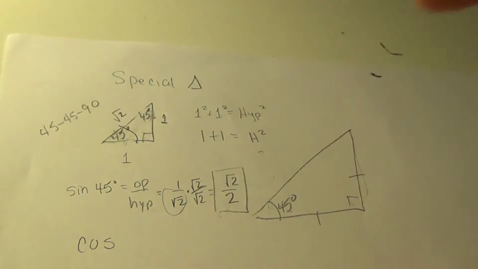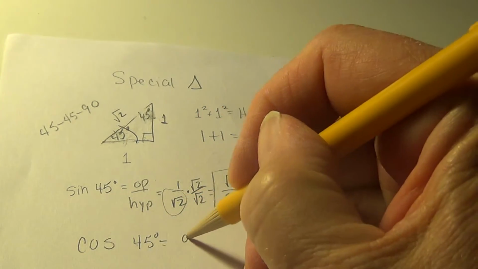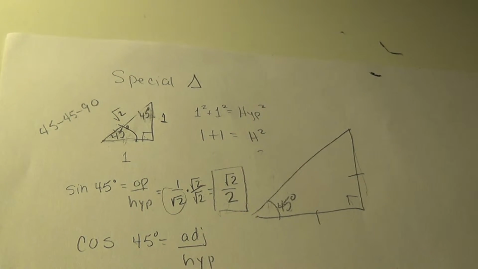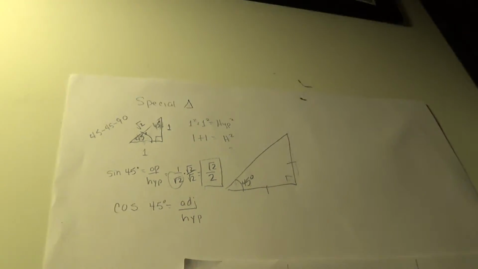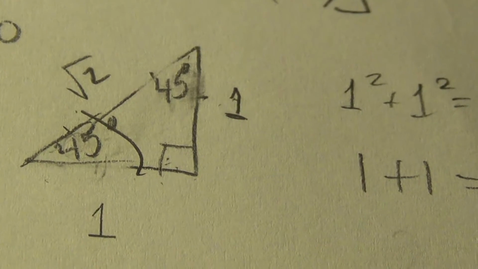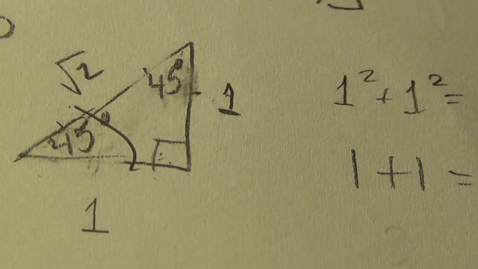Cosine of 45. See if you can calculate that for me. It's adjacent over hypotenuse. So looking at that triangle up there, what is adjacent over hypotenuse?